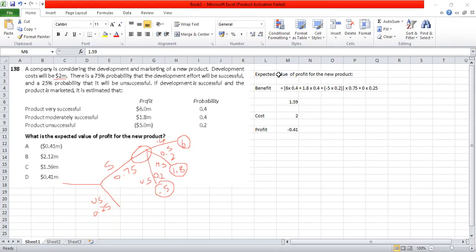But to get this benefit of 1.59, they have to incur a cost of 2 million. So overall, there is a loss. They are not gaining any benefit. 0.41 is their loss. So option 1, minus 0.41, is the right answer.